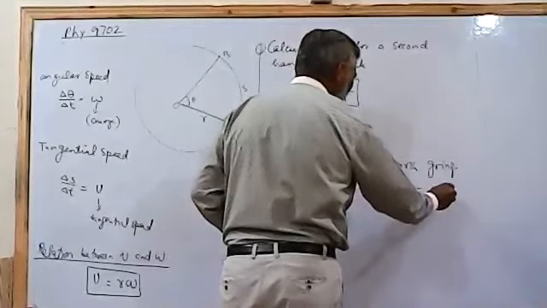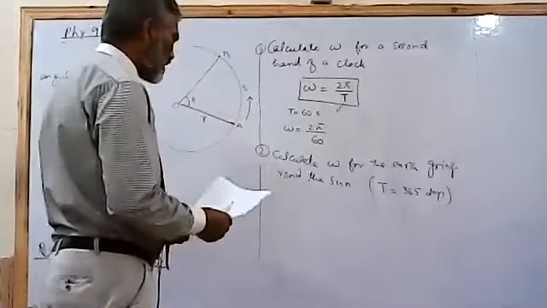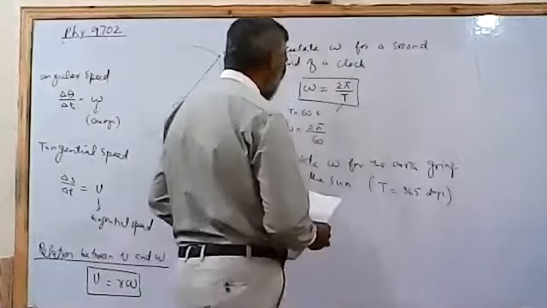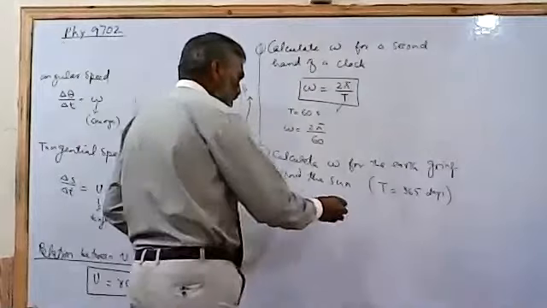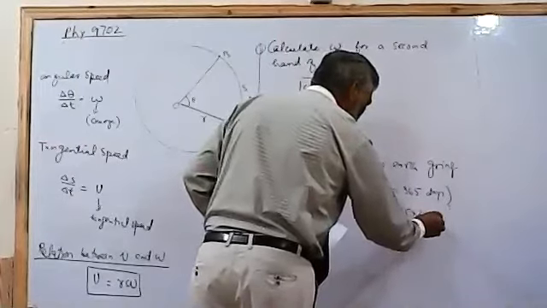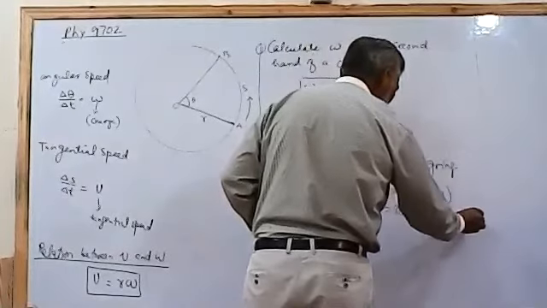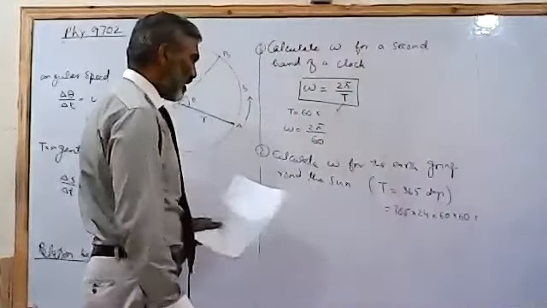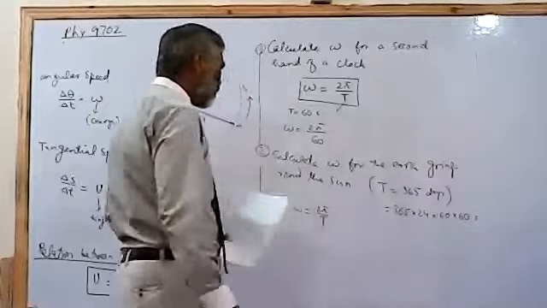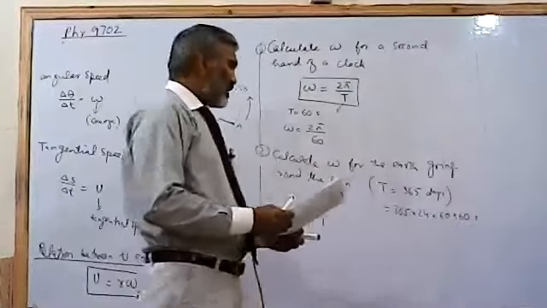That is the total time that Earth takes to complete its circle around the sun, so this is a whole year. When we express this time in seconds, we can calculate omega. So T is 365 into 24 into 60 into 60, which reduces to seconds. When we use this time in 2 pi over T, we calculate omega for the earth going around the sun. So this is all for today.